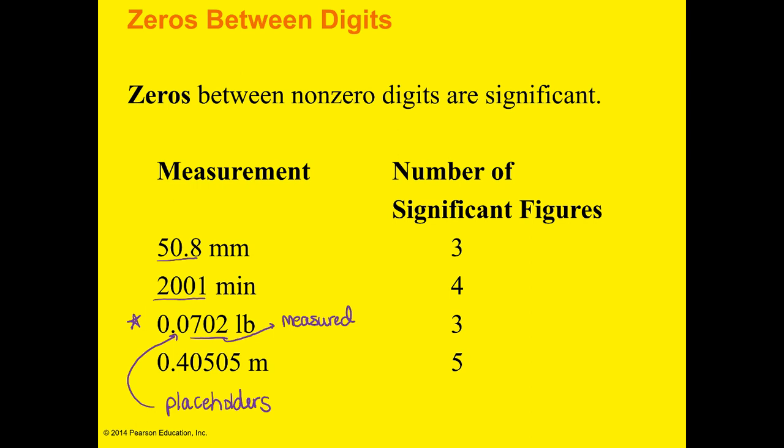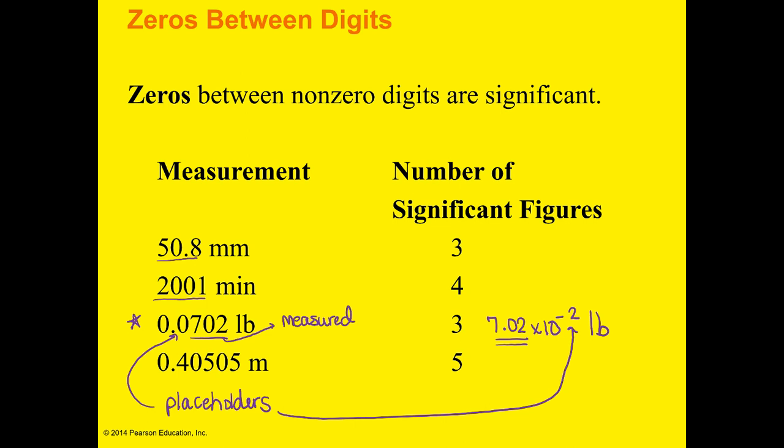Now I want you to notice, if I convert this number to scientific notation, those zeros disappear, because where do they go? They go into the exponent. So the 7.02 part is the only part that was measured.